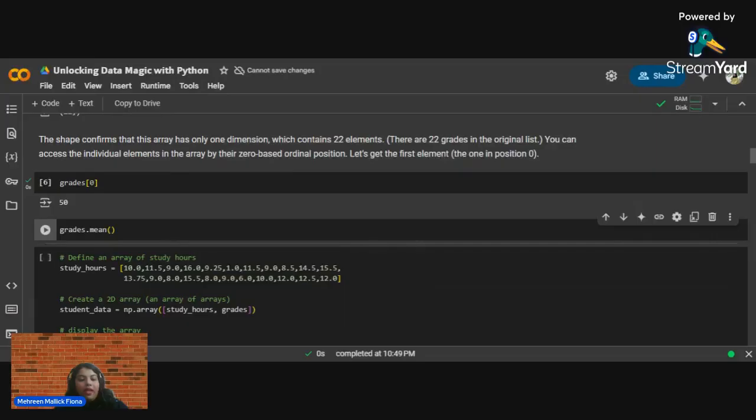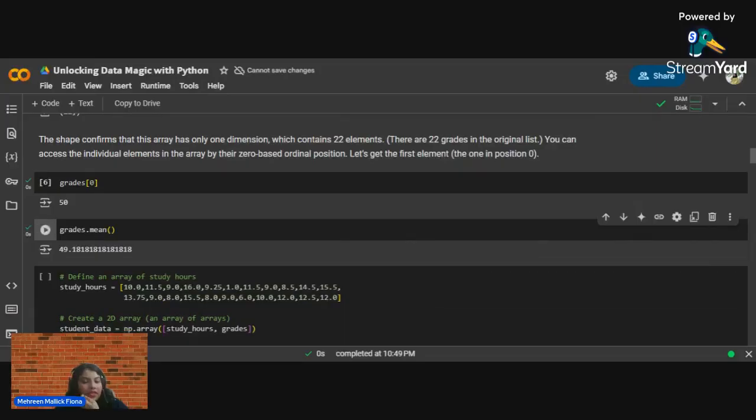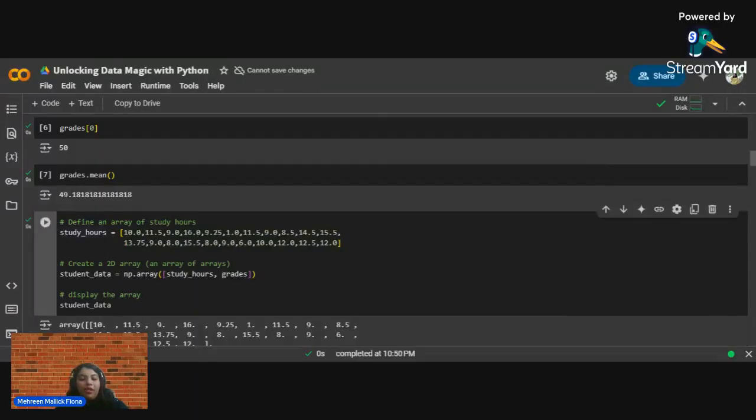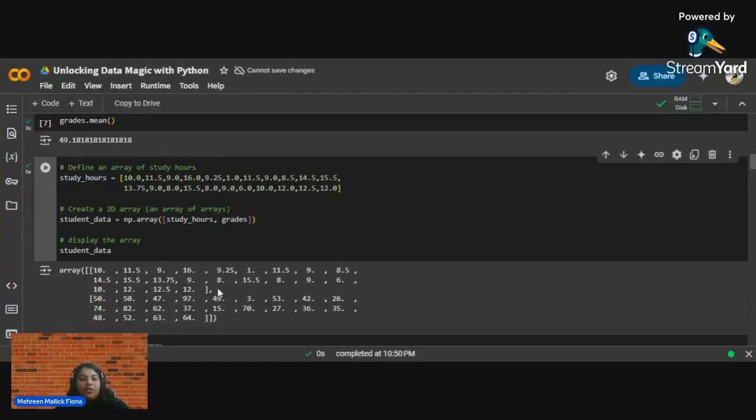Now let's start with another example where I am going to define an array of study hours, and we are going to pass two quantities here, grades and study hours, so that we can visualize what it would look like for a 2D array. You can see that it is a 2D array because we are passing two different quantities. If we want to see how it displays, we simply write the variable name.